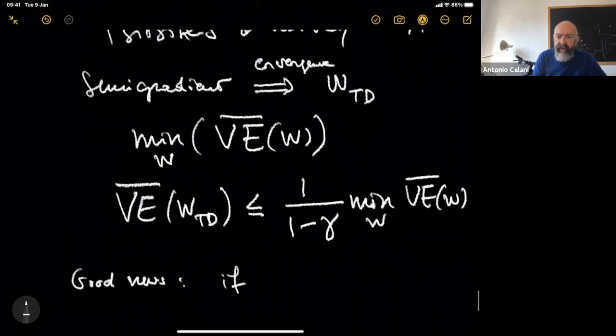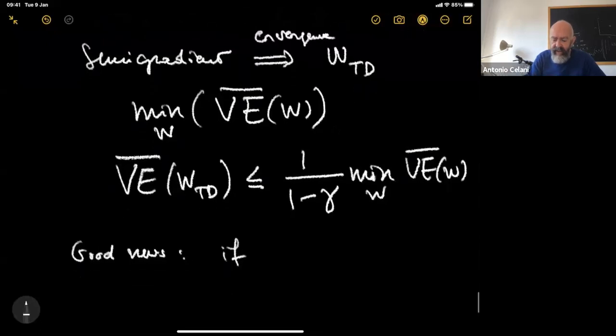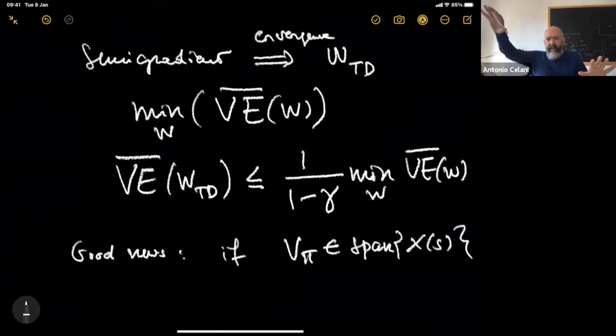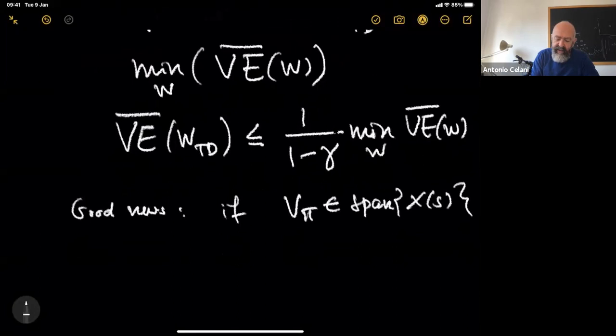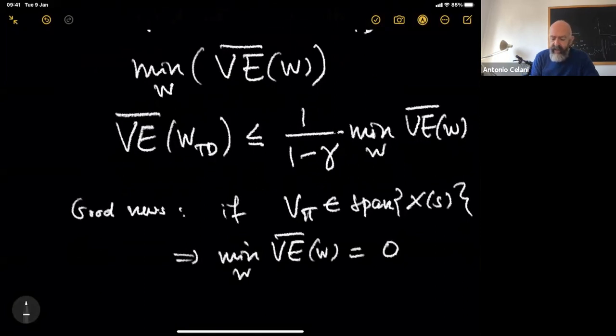If your linear representation includes the true value function, so if V pi belongs to the space which is spanned by your features, so if in your lower dimensional representation your actual value is sitting on that point, this means that the minimum of the value error is 0.